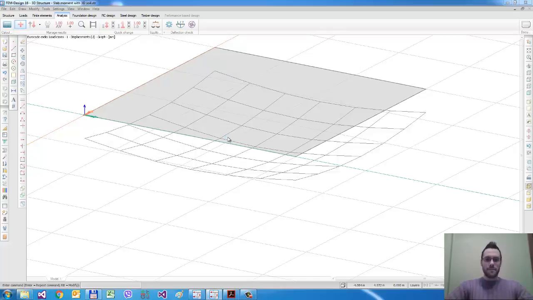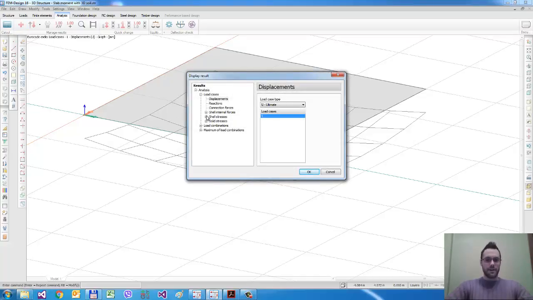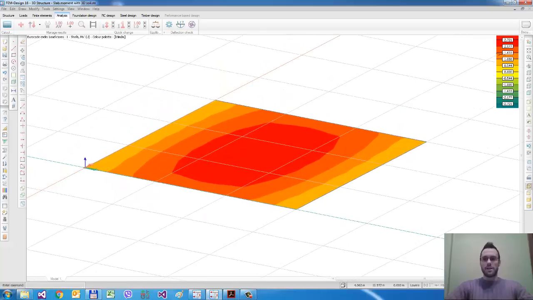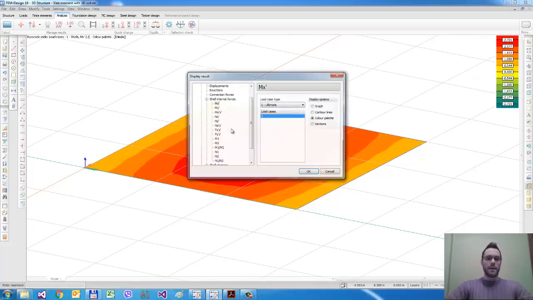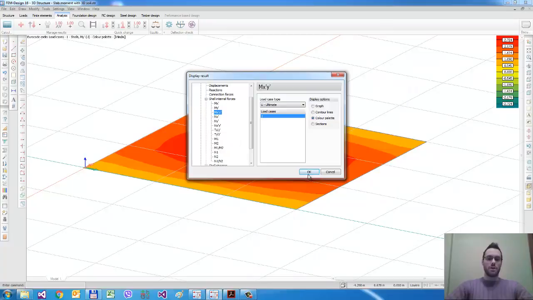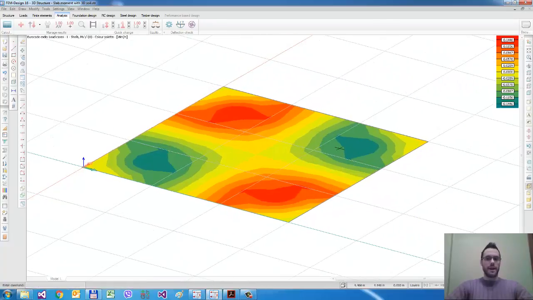And of course, if I check the internal forces in the slab, we have a non-constant distribution of bending moments in the x and y directions also, and of course we have torsional moments in the slab in this case.